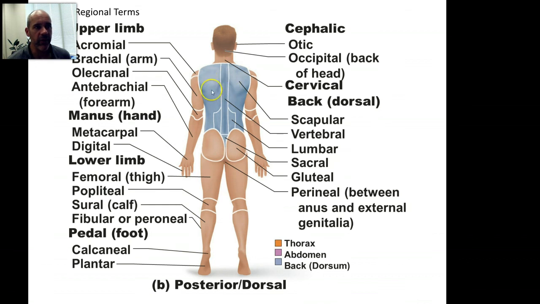So the area around your shoulder blades can be called the scapular region. Vertebral, running up and down along your spinal column. Lumbar, lower back. Sacral refers to the area down in here, around what you would call your tailbone, at the inferior end of your spinal column. Gluteal, you've probably heard of gluteus maximus before, referring to the muscles in your rear end, and so the area around your rear end is called the gluteal region.